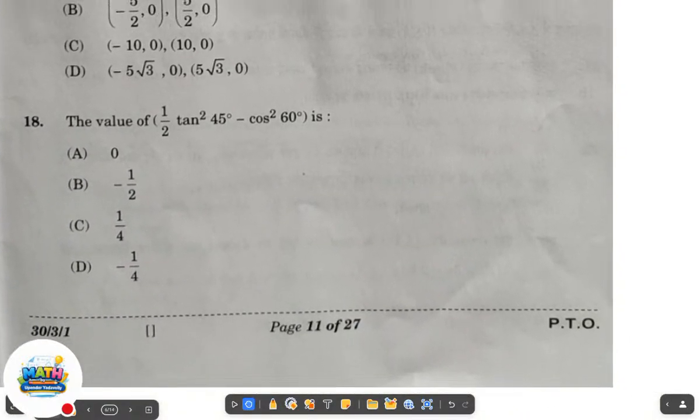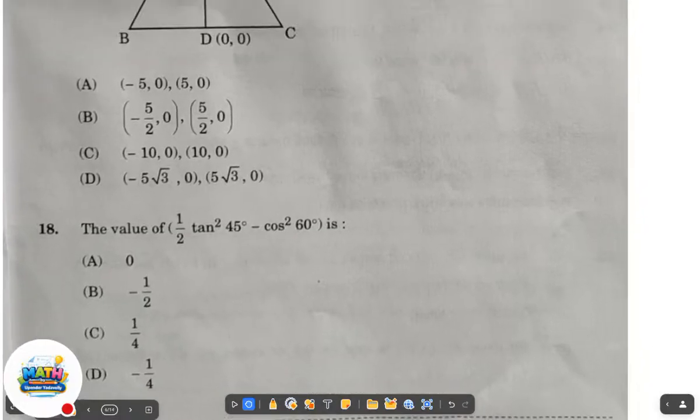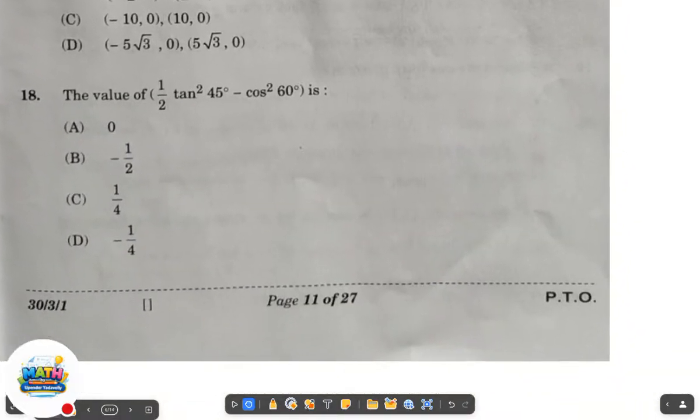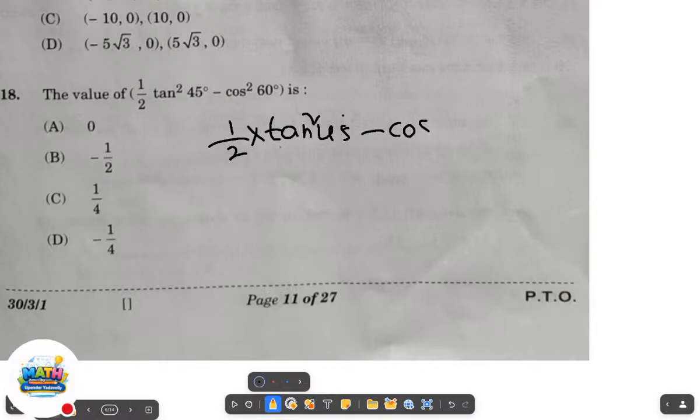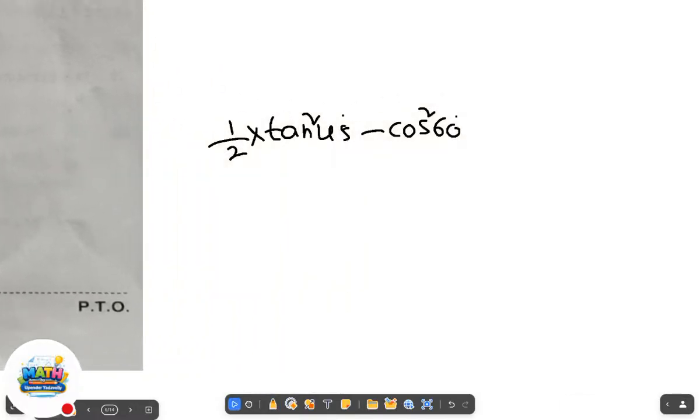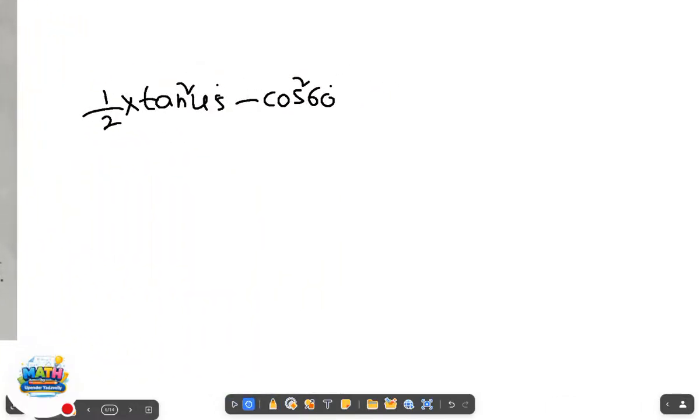Next, the 18th question. The value of 1 by 2 tan square 45 degrees minus cos square 60 degrees. We have to find its value. So 1 by 2 into tan square 45, and tan 45 is 1, so 1 square.